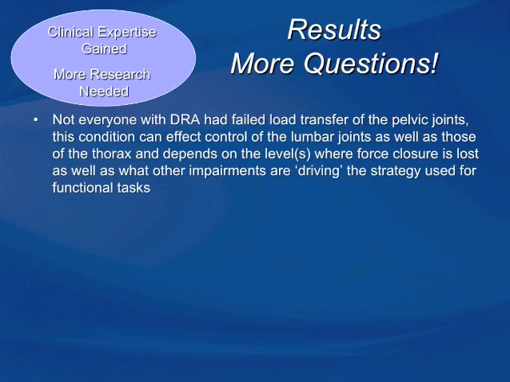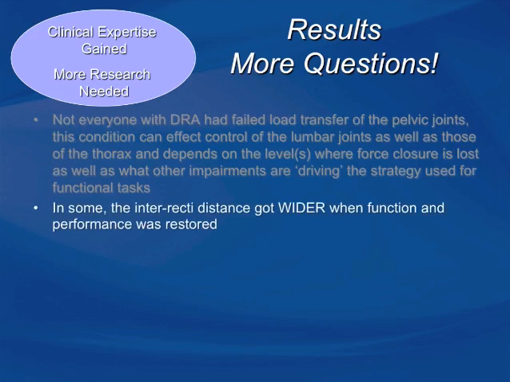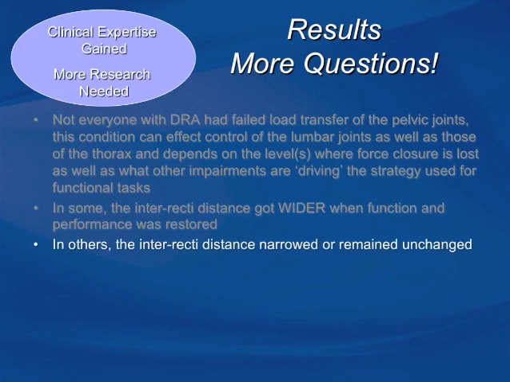Not everybody with a DRA had failed load transfer of the pelvic joints, and we learned that this condition can affect control of all of the joints of the abdominal canister, including low thoracic rings and lumbar joints. And where you lost control really depended on where the force closure was lost, and that really tended to depend on where the separation was the greatest. In some, with the restoration of function, the inter-recti distance got wider when function was restored, and in others, it narrowed.